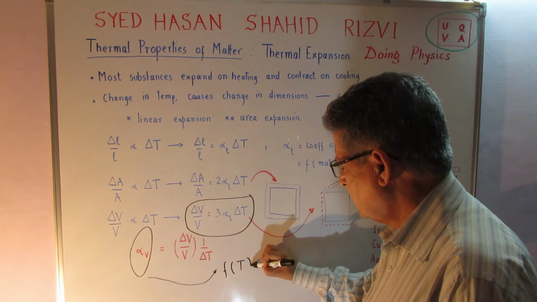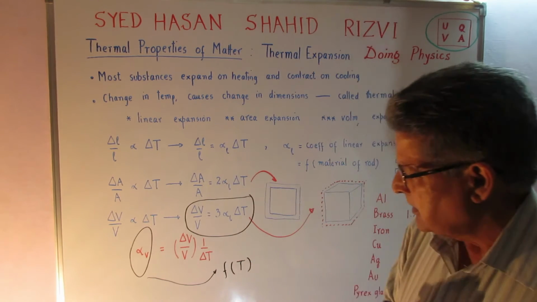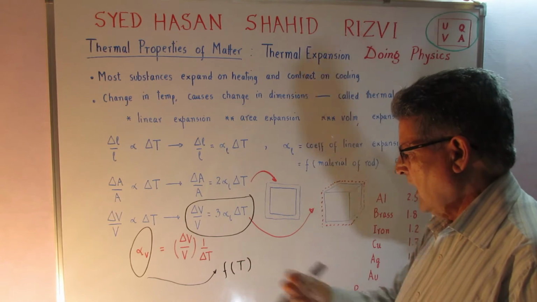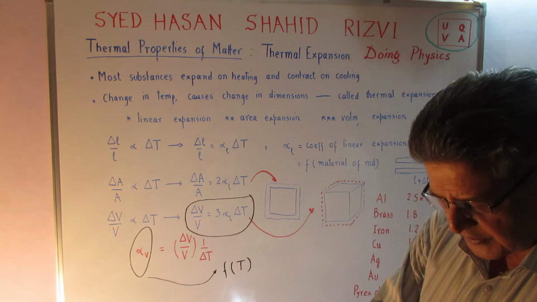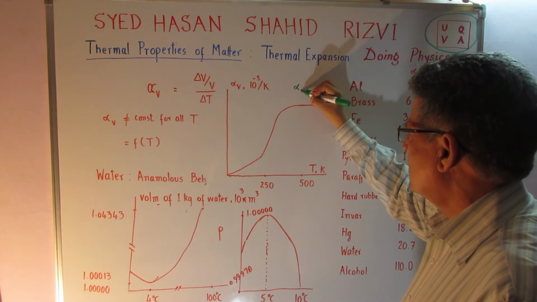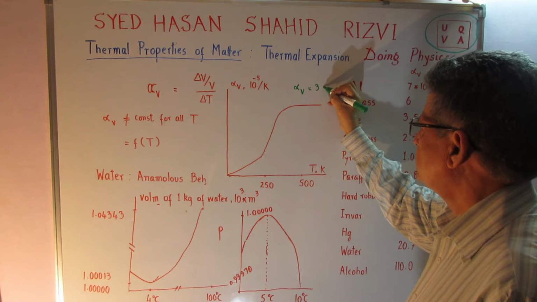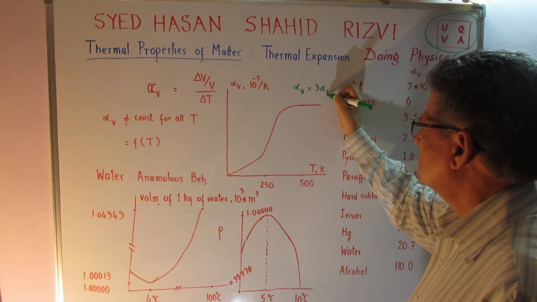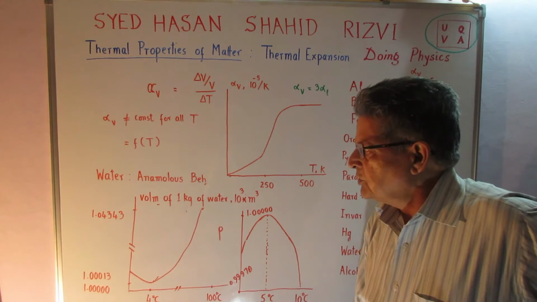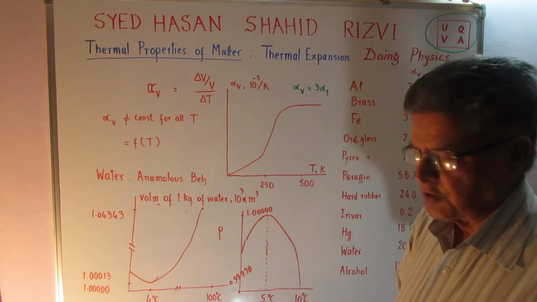And we'll just interestingly see this situation with the help of a graph which shows the value of alpha V changing with temperature. So this volume expansion, alpha volume, was 3 times alpha L, the linear expansion for the solids, for the systems that we have been talking about, normally at lower temperatures.